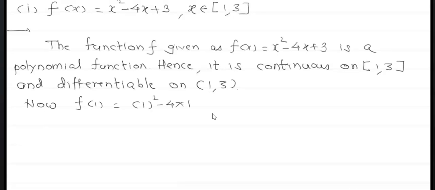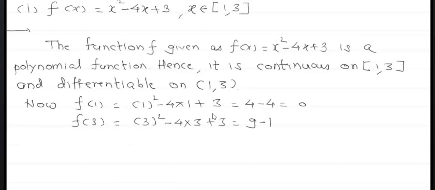Now first find out the value of f of 1. 1 square minus 4 into 1 plus 3, that is 4 minus 4, which is equal to 0. F of 3: 3 square minus 4 into 3 plus 3, and its value is 0.